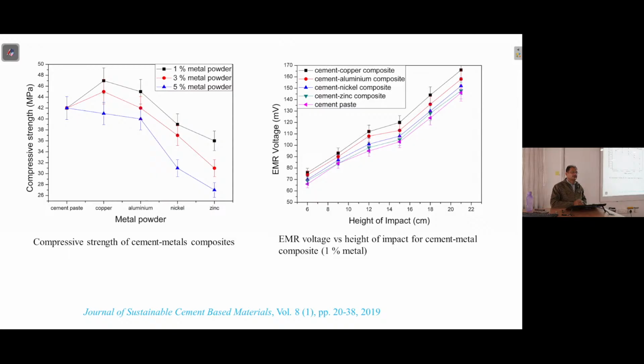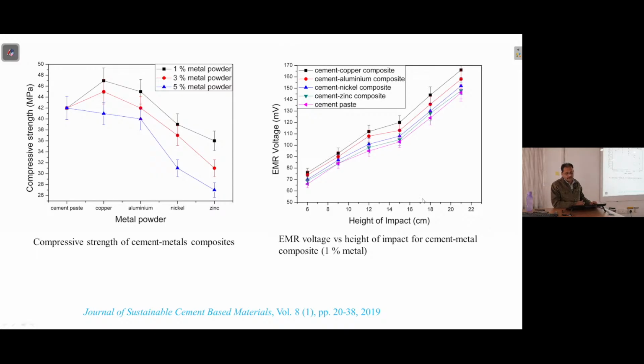So if at all there are any movements of charges which are giving rise to the signals, those movements will get some further acceleration because of the presence of a conducting material. I mean, the conducting medium is there, through that the charges can move pretty fast. But as such, this is an insulator, a cement based material, right? So with that intent we added, and yes, that happened also.